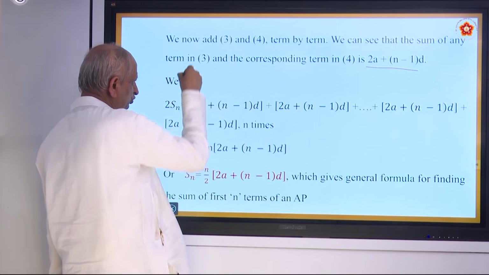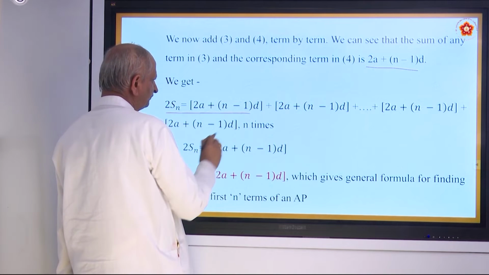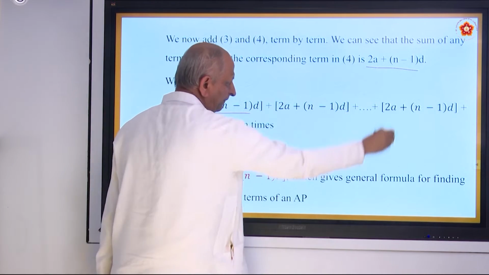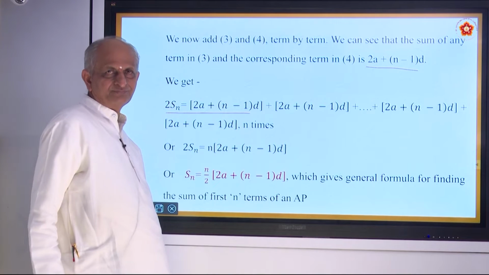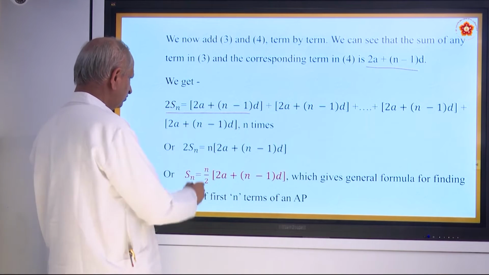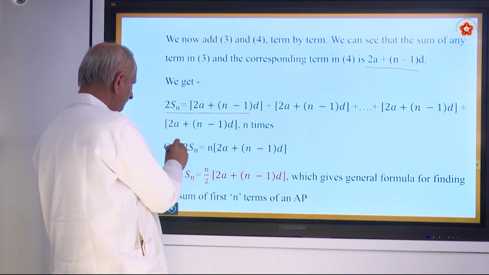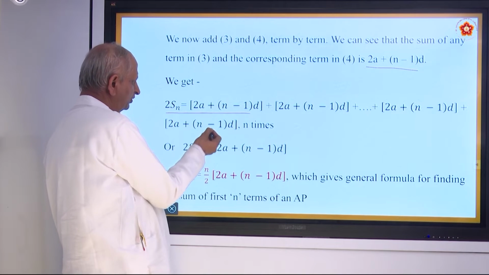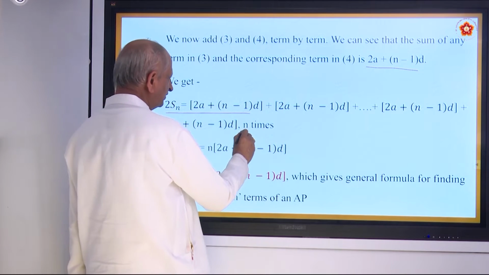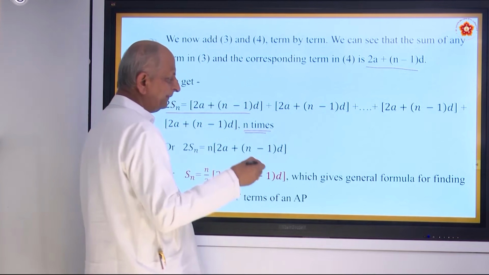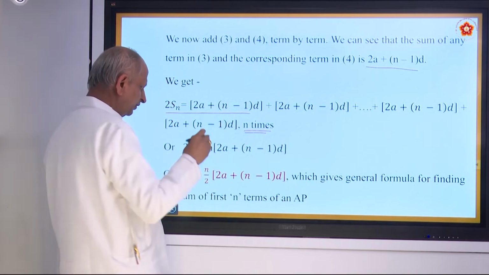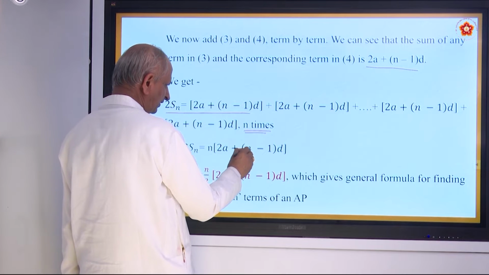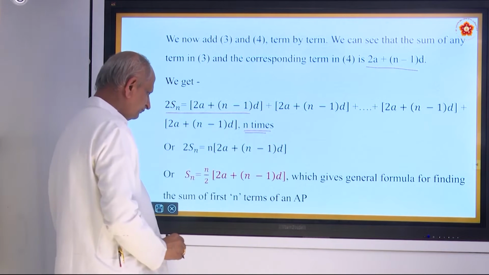So if you add those, you get 2Sn, and the same thing is repeated. How many times? It depends on the number of terms, which is n. So 2Sn is equal to n into 2a plus n minus 1 into d.